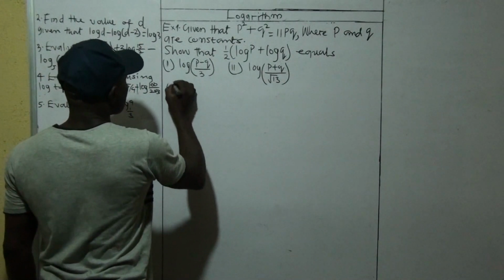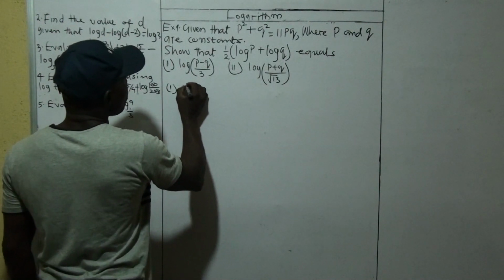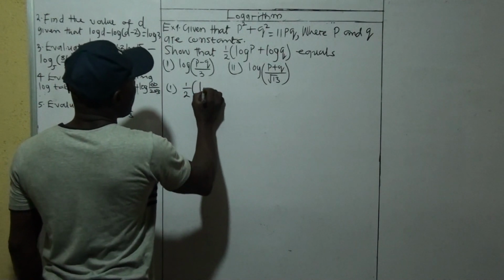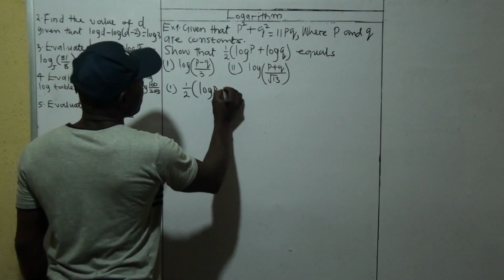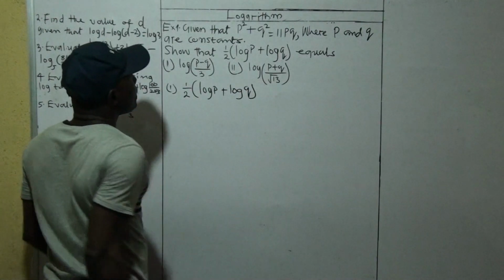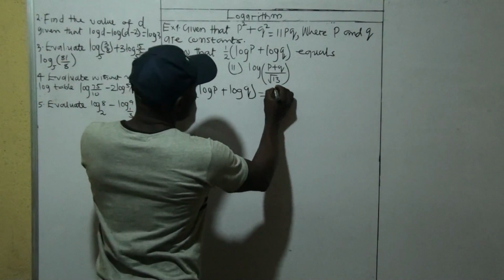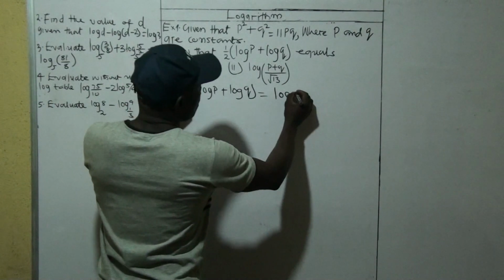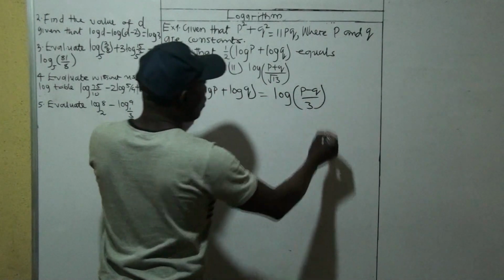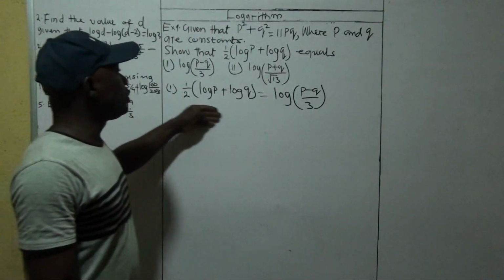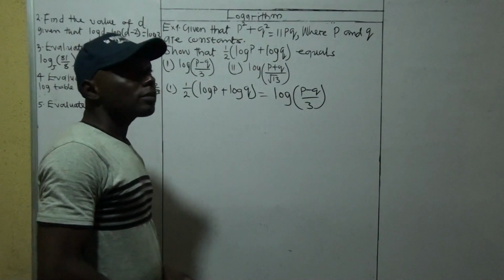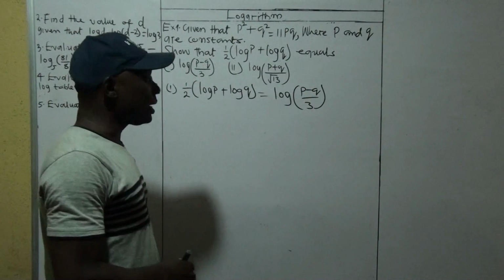Number one here is 1/2 open bracket log p plus log q equals log open bracket p minus q all over 3. So we use this fact to establish this. So that's what we're going to look at in this class.